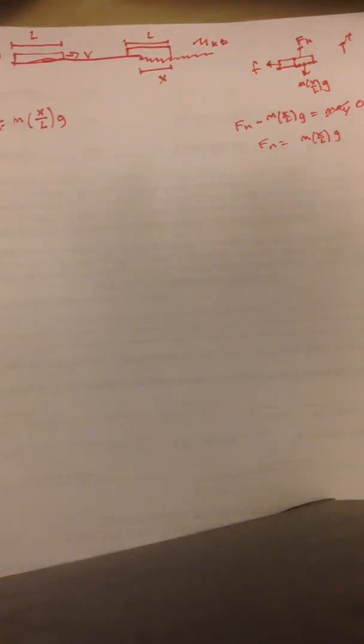To complete our free body diagram, there will be friction to the left, and that is the only force, as velocity is to the right and velocity is not a force.